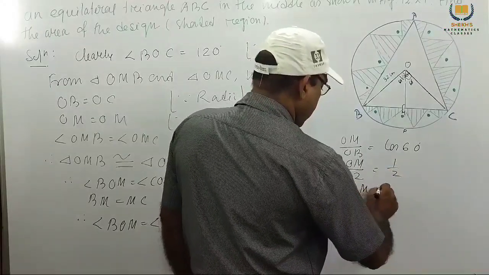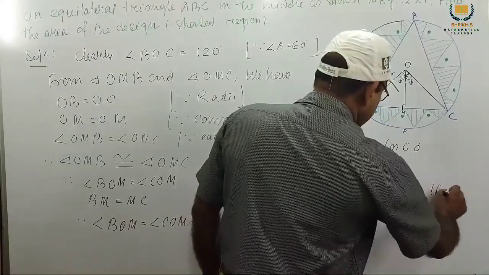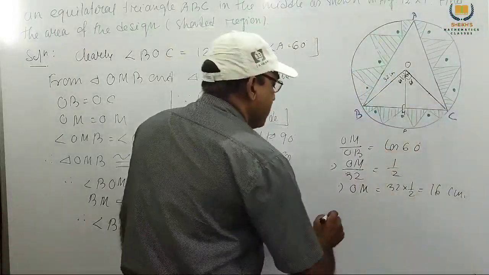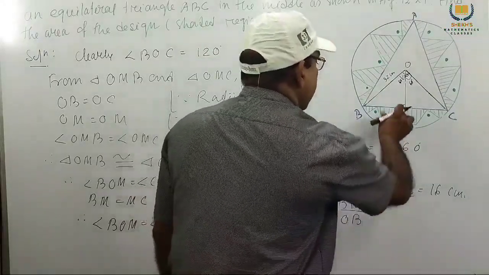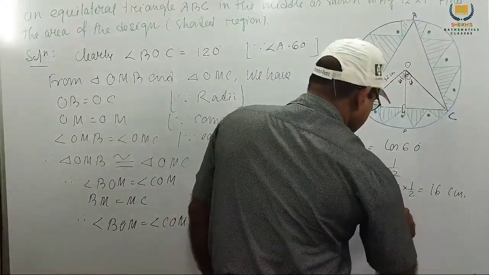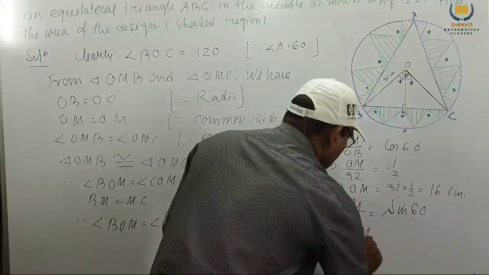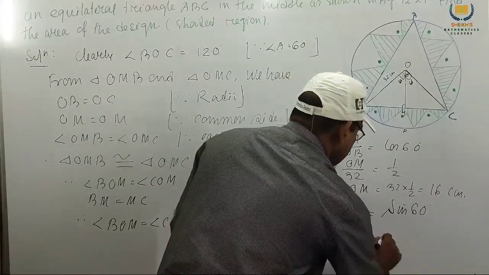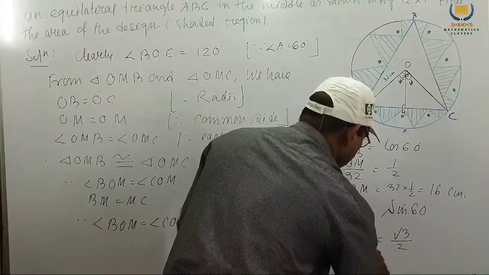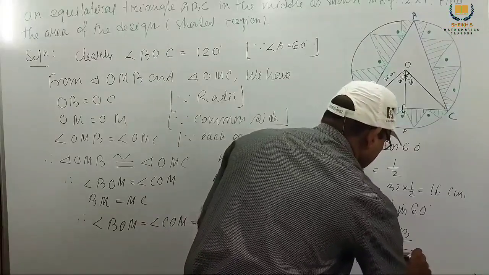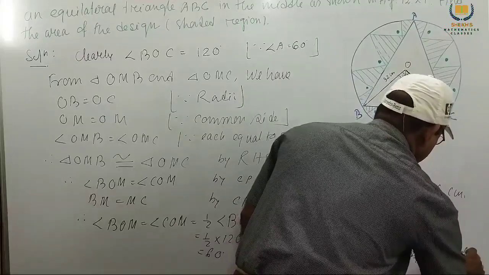So OM equals 32 into 1 by 2, this is 16 cm. Again BM by OB, perpendicular by hypotenuse, is sin 60 degrees, which is root 3 by 2. So BM equals 32 into root 3 by 2, this is 16 root 3 centimeters.